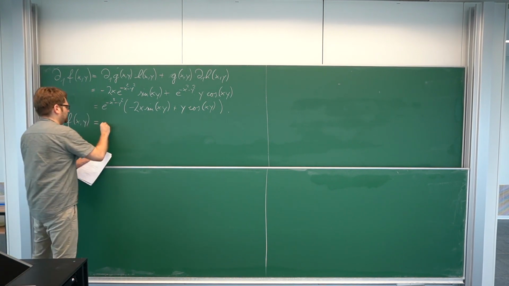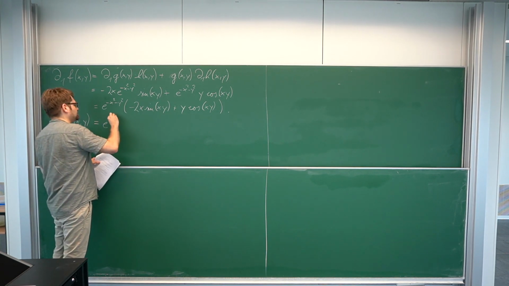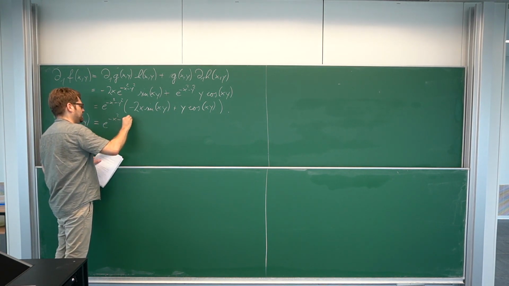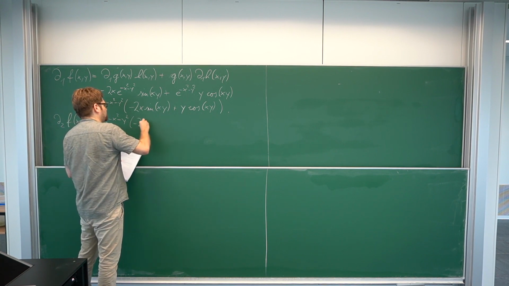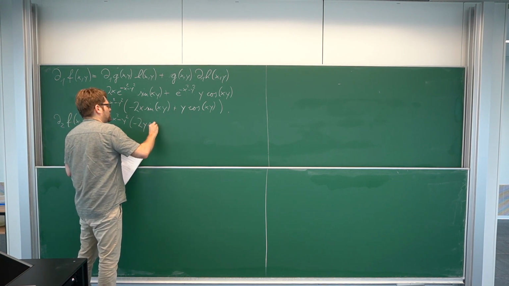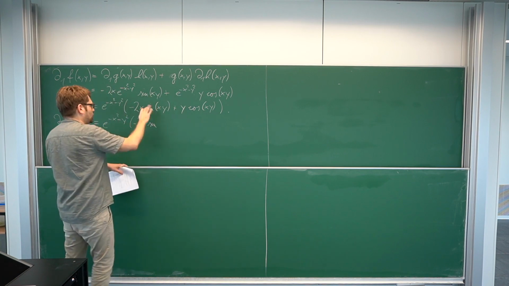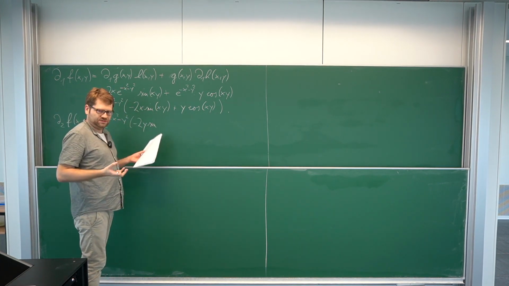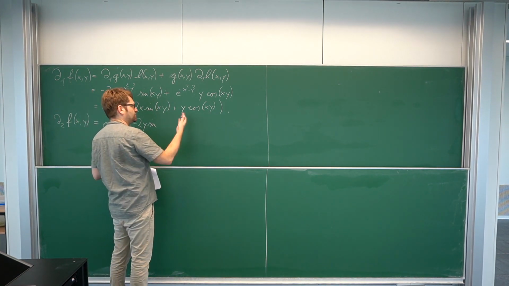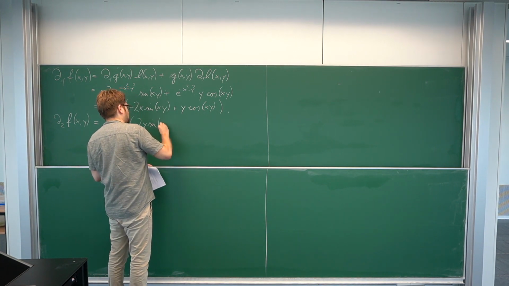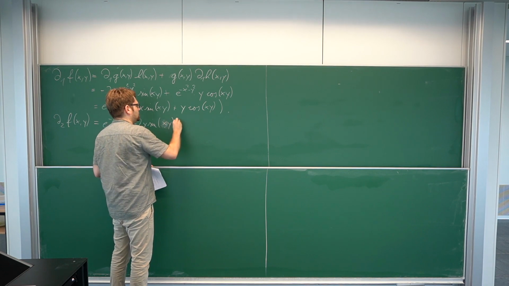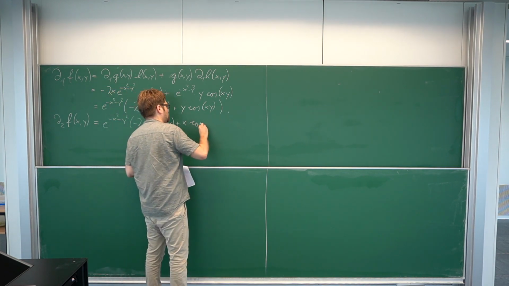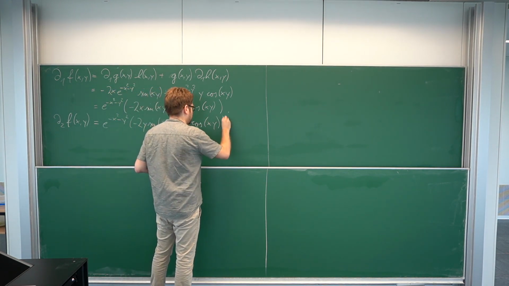Let me just give you the final result, which is computed precisely the same way. Here we have, again, e to the minus x squared minus y squared in front, and then minus 2y times the sine of xy plus x times the cosine of xy. Both functions are symmetric in the variables, so the variables just change their places.